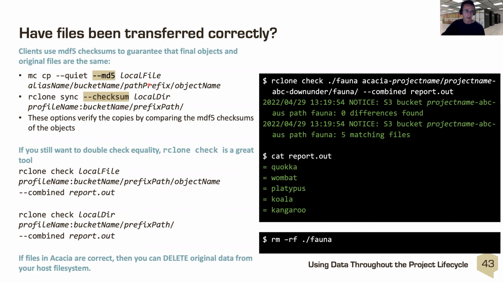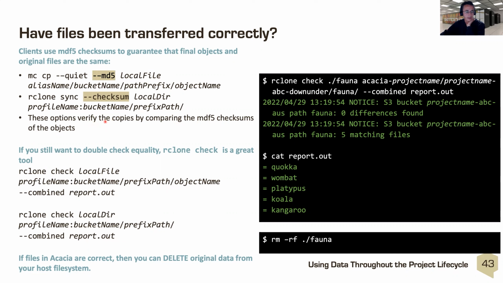So you will not finish that command without an error message if there is anything that is not identical in the original and in the copy in Acacia. So this is guaranteeing that you will receive an error message if there is some difference in any of the files that are being copied.